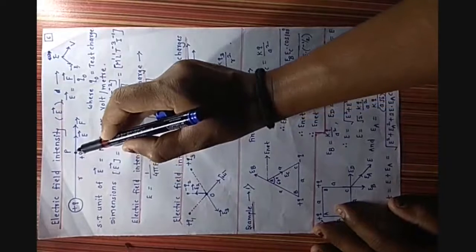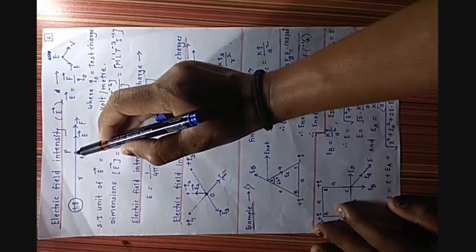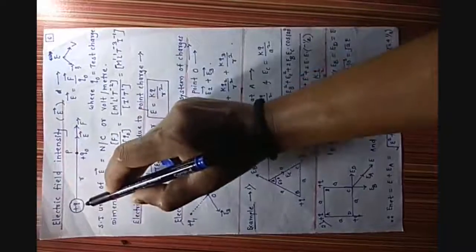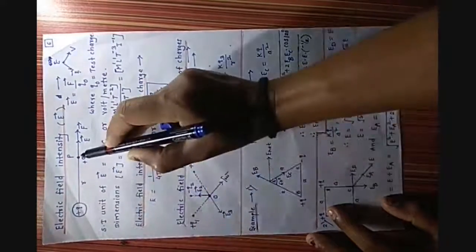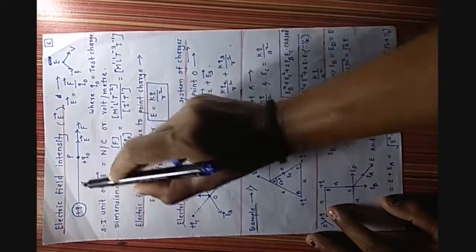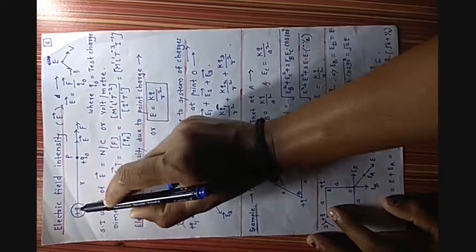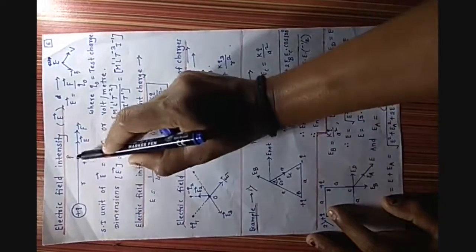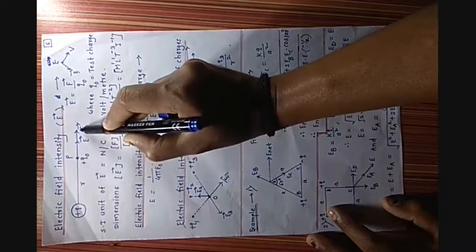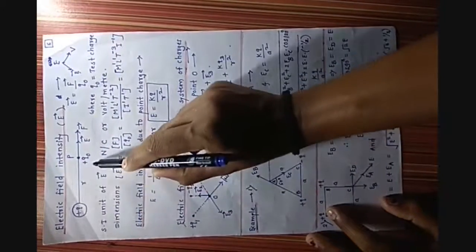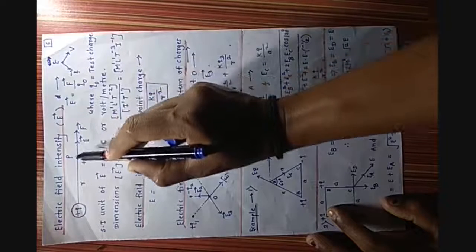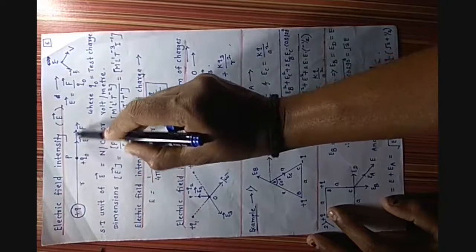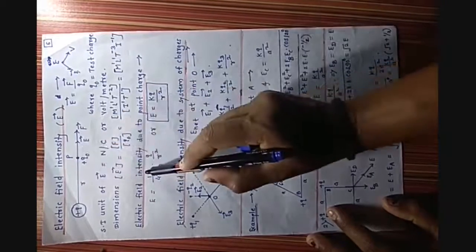But this plus Q0 test charge doesn't violate or disturb the original electric influence which is produced by the charge plus Q. So when we put this plus Q0 at a distance r from the charge plus Q, then obviously this charge plus Q exerts a force of repulsion, because both the charges are positive. So force of repulsion on the charge plus Q0, and the direction of the force is like this.